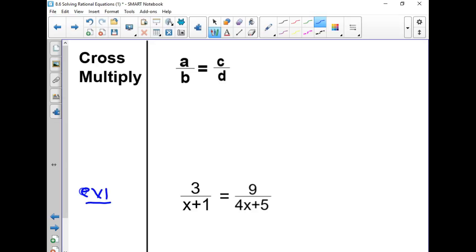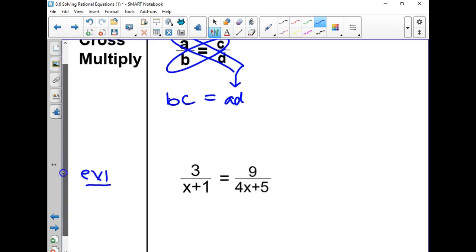Okay, I'll chat about it here in a second. When we're cross multiplying, back to the basics, just a friendly reminder: A times D is equal to B times C. So you can use cross multiplication today to get to your final answer.